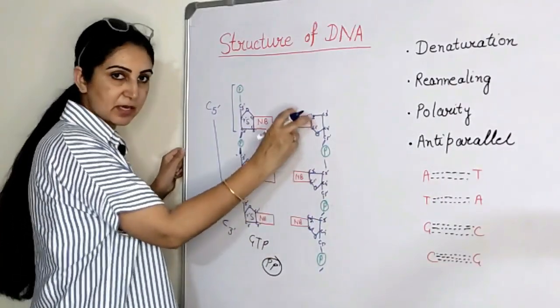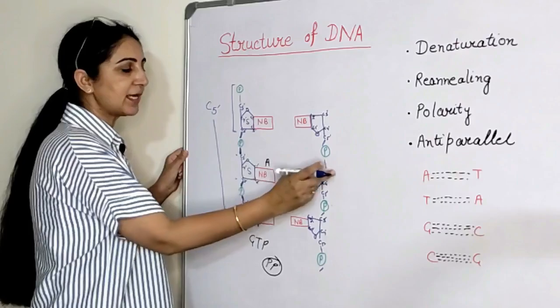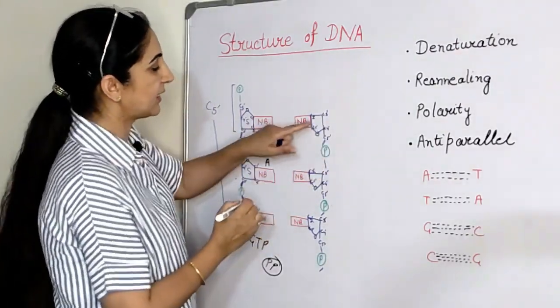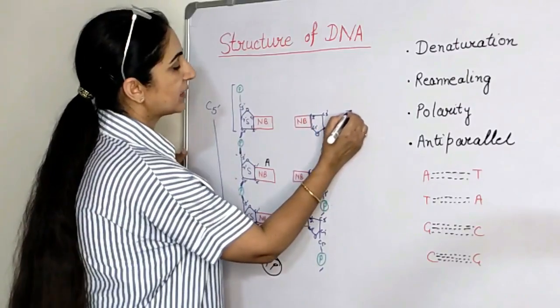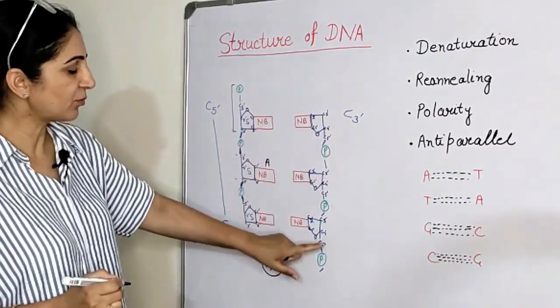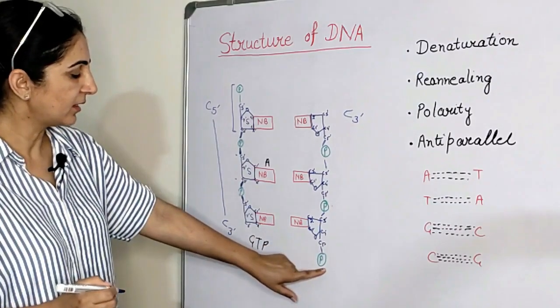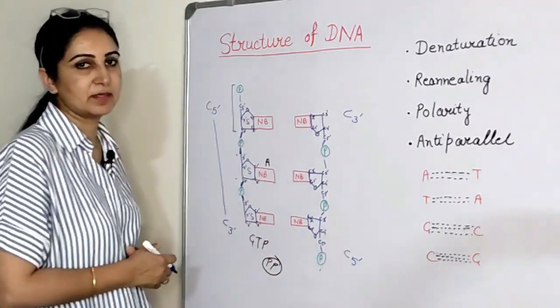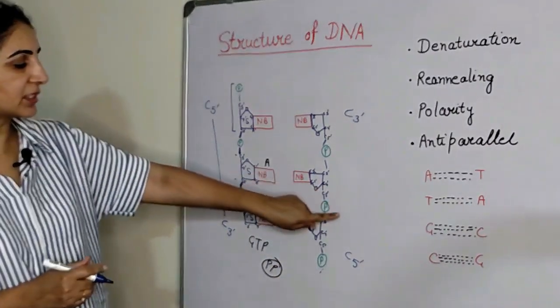This chain is upside down. This chain is anti-parallel to this one. So here what is the end? It has got C3 prime at one end, and suppose this is the last nucleotide, it has got carbon 5 prime at this end. So what is the polarity of this chain?